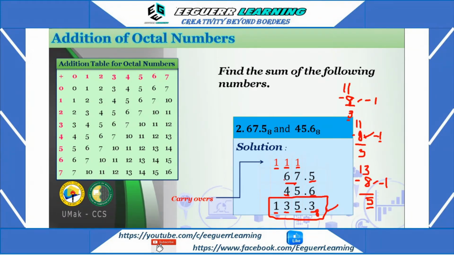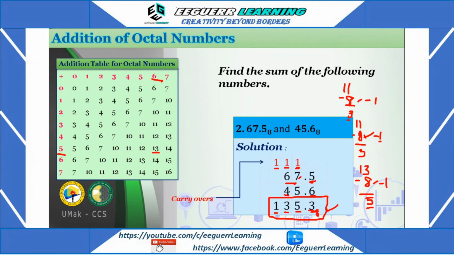Again, looking at our table, 5 and 6, let us pair. 5 and 6 will give us 13. So bring down 3 here and carry 1.